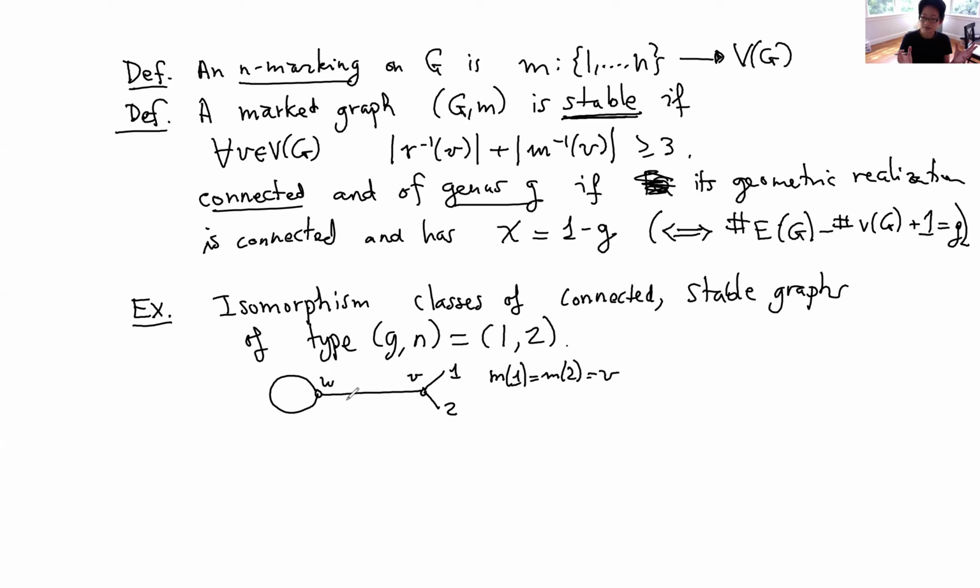Yeah, and this thing's connected, as you can see. And it's stable because each vertex sees three things at it, basically. Is that okay? So this is one of them. And here's another. And here's another. And I think this is it, actually, up to isomorphism. And these three isomorphism classes are organized in a poset under the relation of edge contraction.